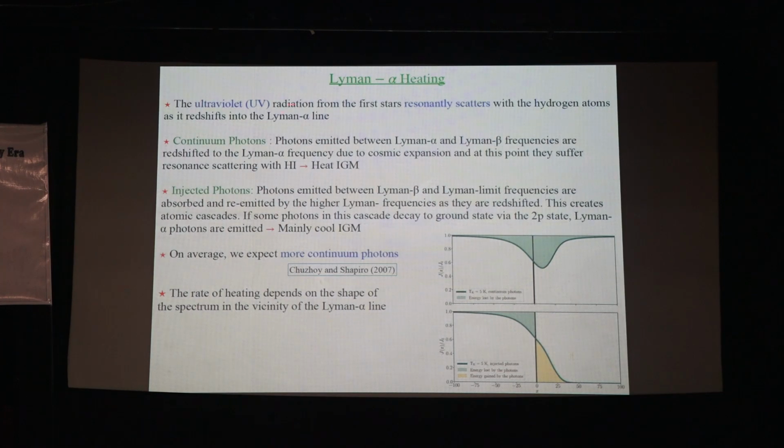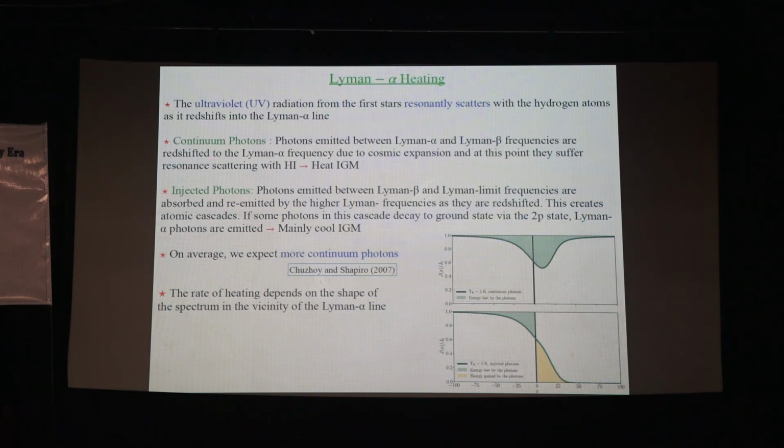The ultraviolet radiation from the first stars resonantly scatters with the hydrogen atoms as this radiation redshifts into the Lyman alpha line. During this process, they heat up the intergalactic medium.